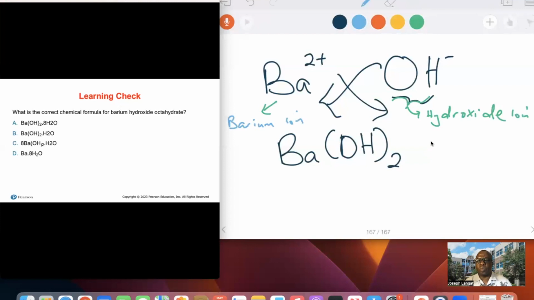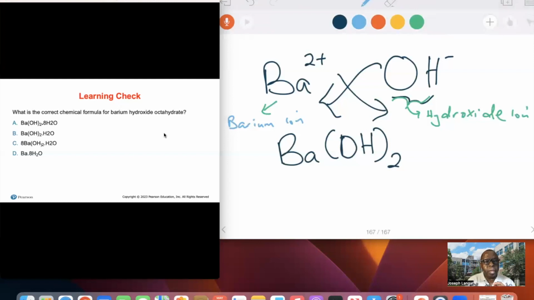I'm using the crossover rule instead of doing the summation of charges. I know you may read in the text about the sum of the charges and doing the math, but let's simplify by using the crossover rule. It will take care of finding the summation for that.